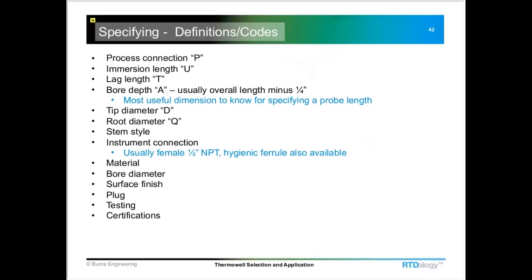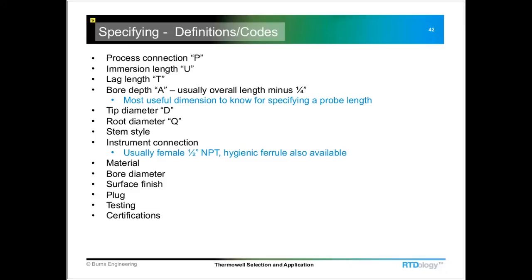The process connection is usually specified as the letter P, and then immersion length is the U, and the lag length T. And one of the more important ones would be the A dimension, which is the bore depth. And some other types there. Instrument connection, usually a female 1/2-inch NPT, although what we saw earlier is that hygienic ferrules are also available.